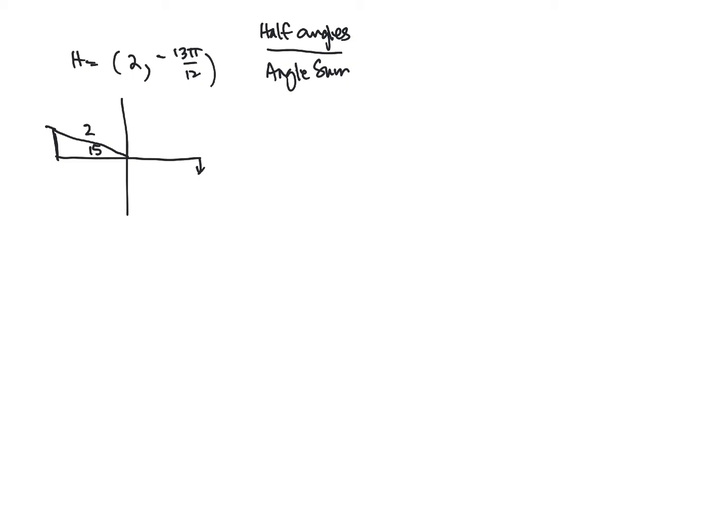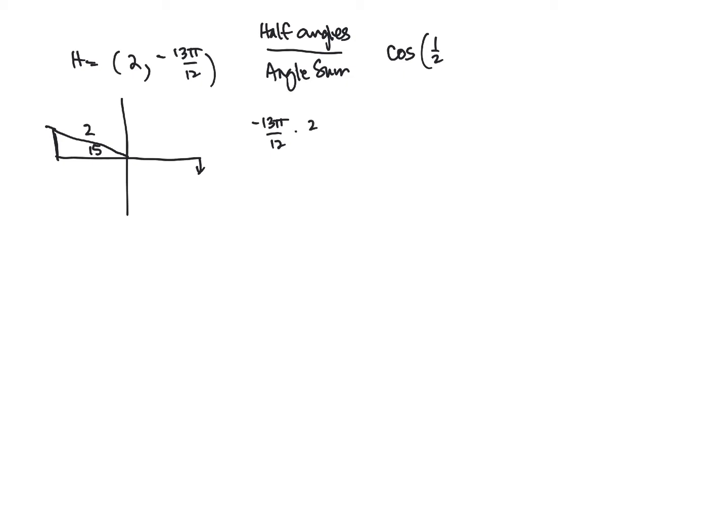So if I'm looking for the x value, I'm doing cosine. So for that, I would have my radian measure is negative 13 pi over 12. In order to do the half angle, so cosine the half angle, 1/2 times what will give me my negative 13 pi over 12?